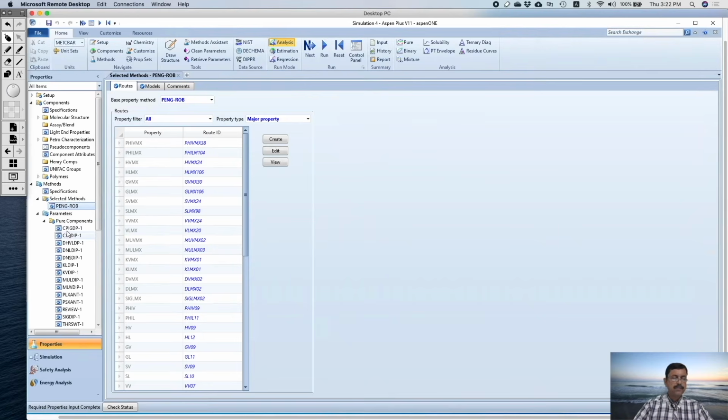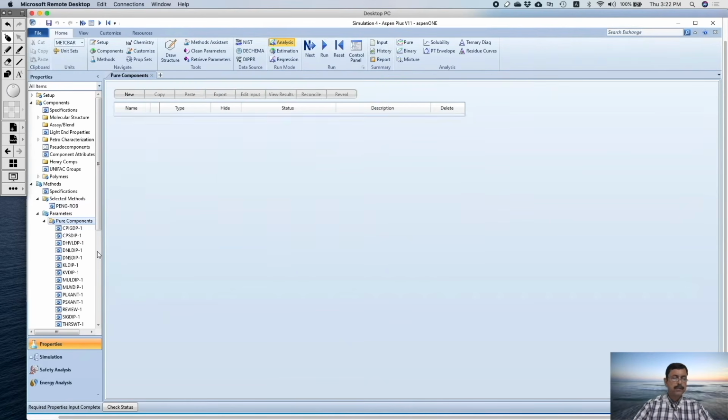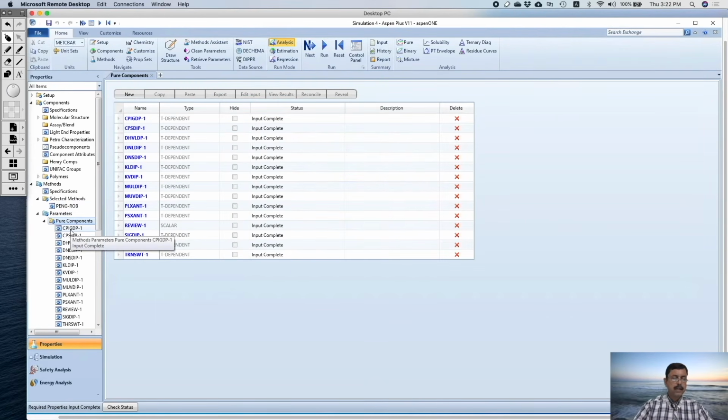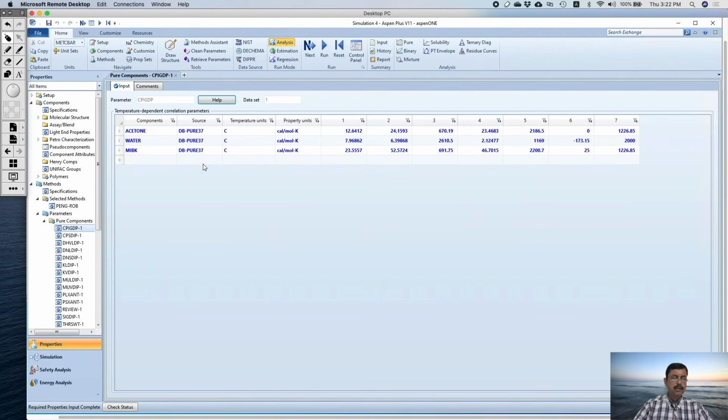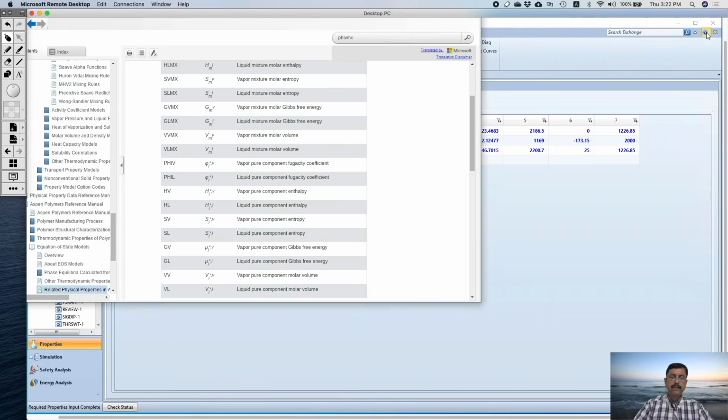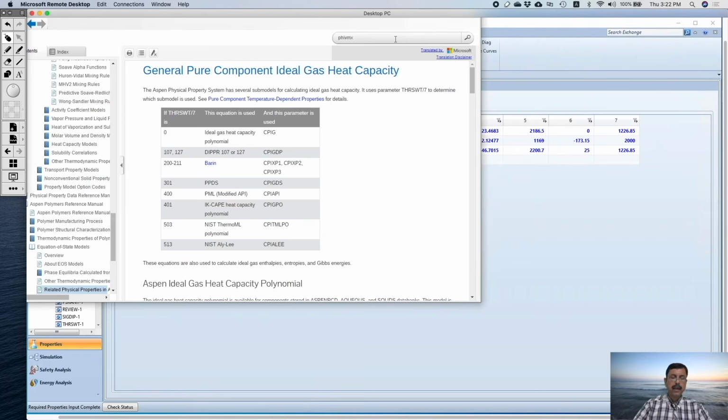Then you have pure components. It is CPI GDP1. It is methods parameters pure component. What is CPI GDP1? Again you go to the help file and you write CPI GDP and check what it is.